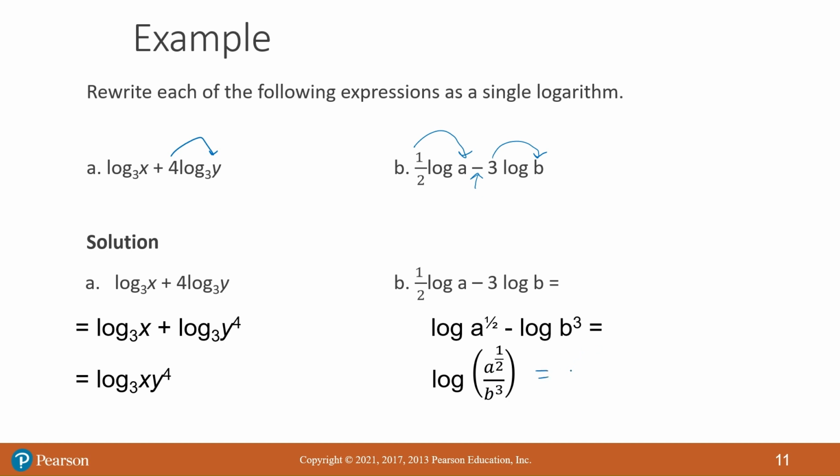The only thing I'll caution you here is if it's a multiple choice, you may also see it as the log of the square root of a over b to the 3rd, because a to the 1/2 is the same thing as the square root of a.